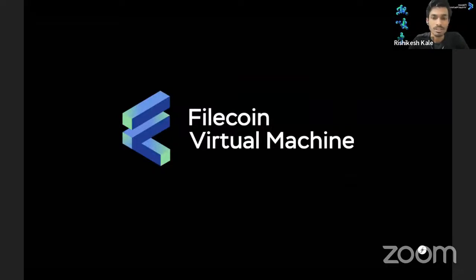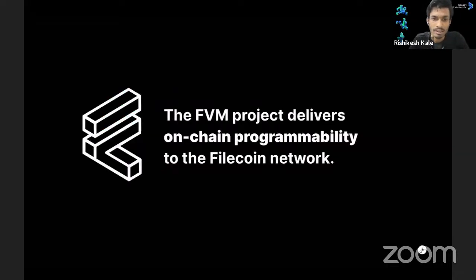The Filecoin virtual machine is a runtime environment for smart contracts, which we call actors, on the Filecoin network. These smart contracts can be written in your favorite smart contract language, Solidity. So you don't need to learn another programming language to write your smart contracts on FVM. The FVM project delivers on-chain programmability to the Filecoin network.